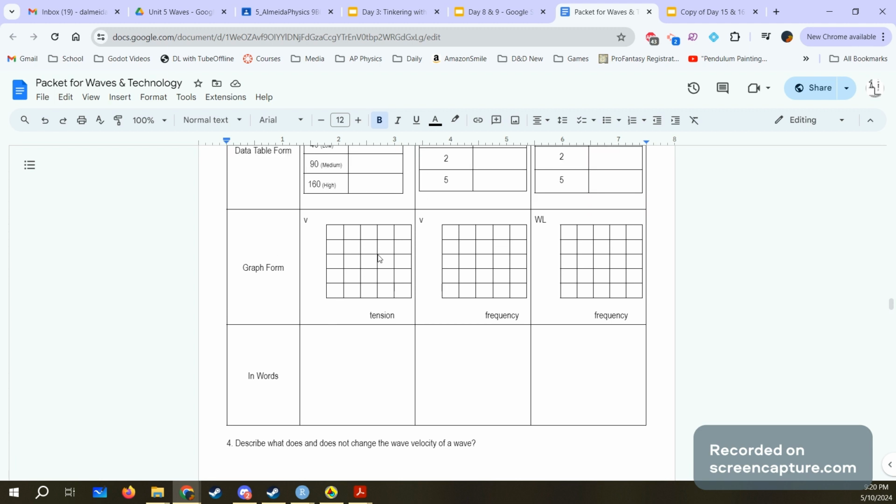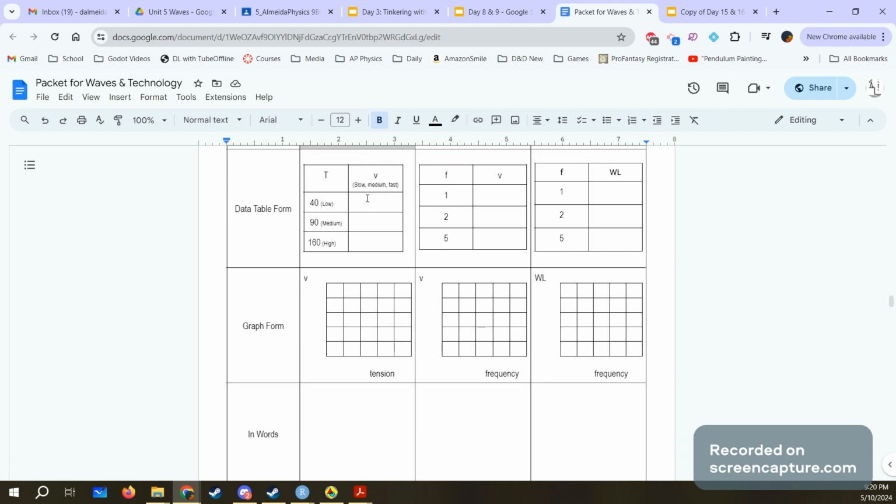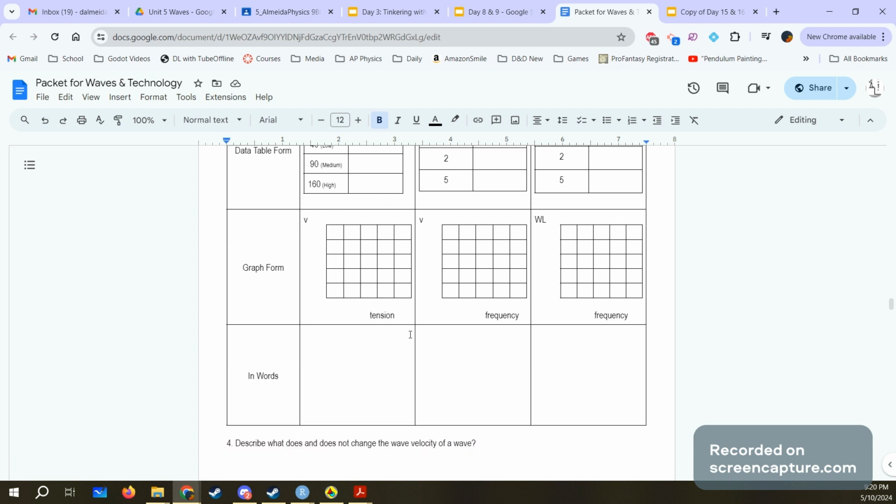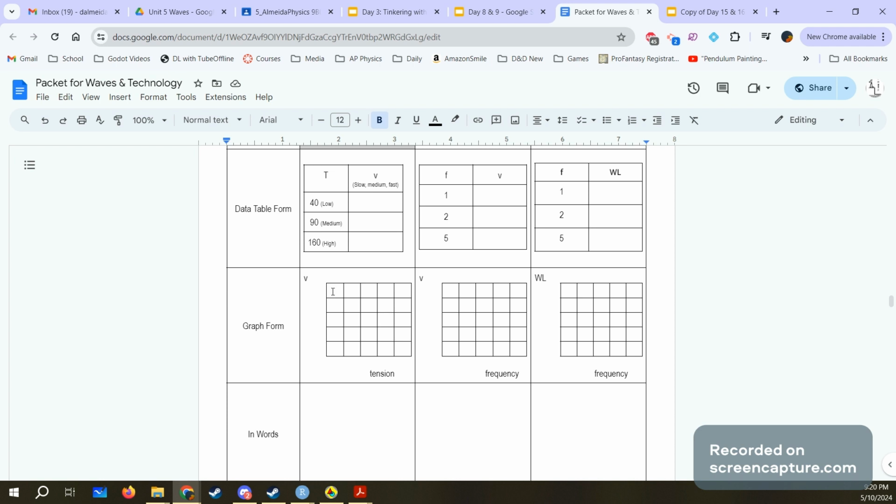So you could have a proportional line here, a nice diagonal proportional line, or you could have a quadratic. Both of those show that as tension increases, velocity increases. We would need to do a little more study to figure out which relationship it is, but we know it's one of those two. And again, in words, as tension increases, velocity increases.